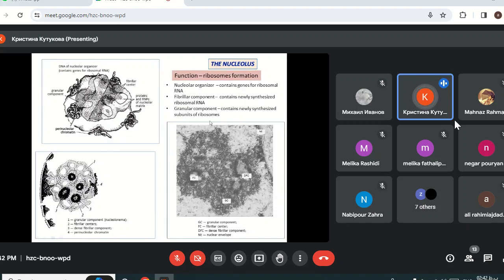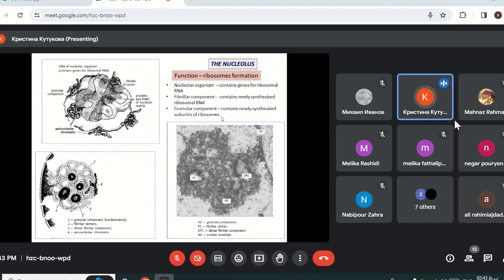So the process of production of ribosomes includes step 1, making ribosomal RNA from the nuclear organizer here, DNA, which encodes ribosomal RNA. And newly formed ribosomal RNA will form the fibrillar component of the nucleolus. And next, the proteins, which will go from cytoplasm to the nucleus, will help to produce subunits of ribosome.